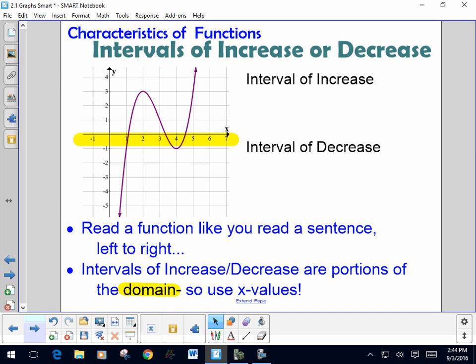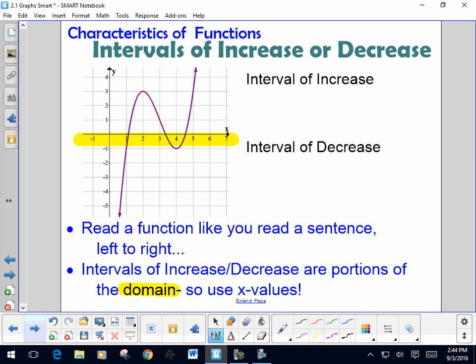All right, so we've covered the first two characteristics, end behavior and relative mins and maxes. The third one we're talking about today is intervals of increase or decrease. When you're looking at a function, you can read it like a sentence from left to right. Always think about it from left to right.